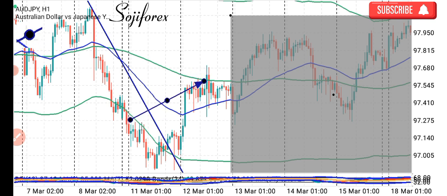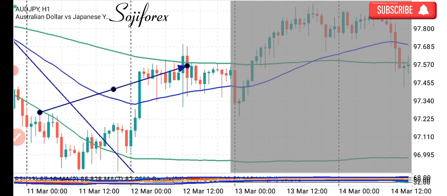Looking at these candlesticks that were formed here, we have this bearish engulfing candle which engulfed this from our middle Bollinger Band. But with this engulfing candle, we need a follow-up candle.